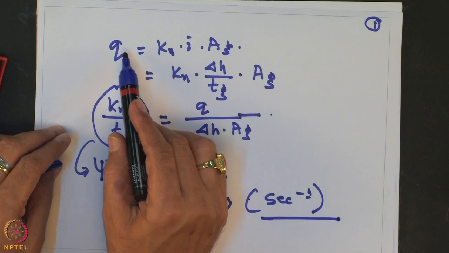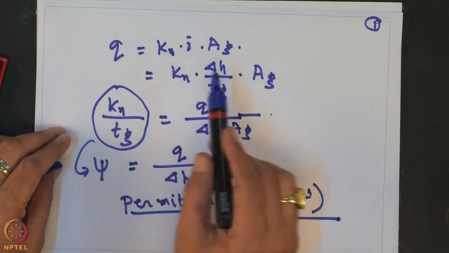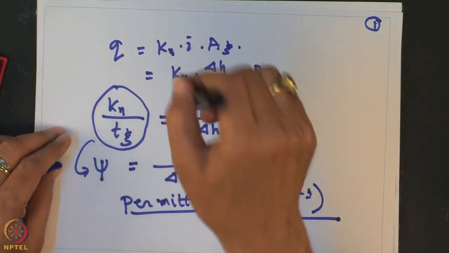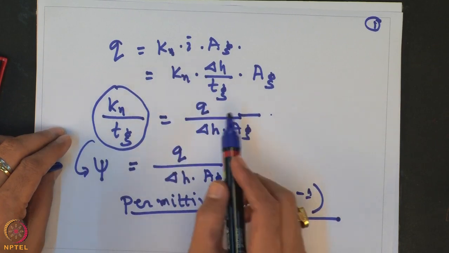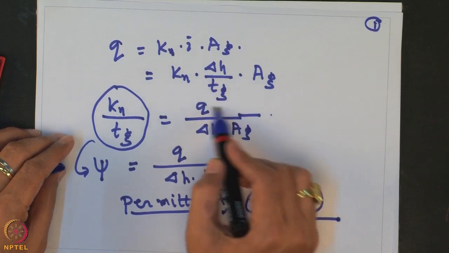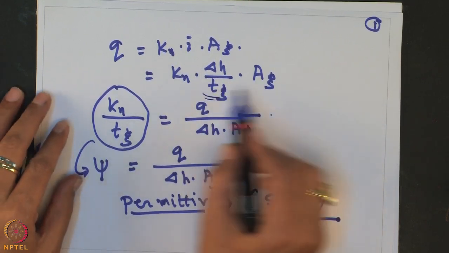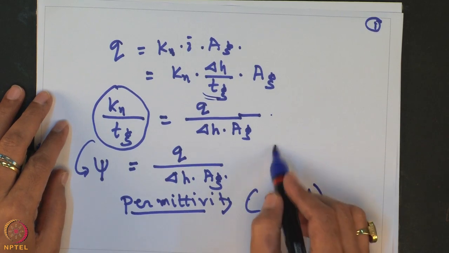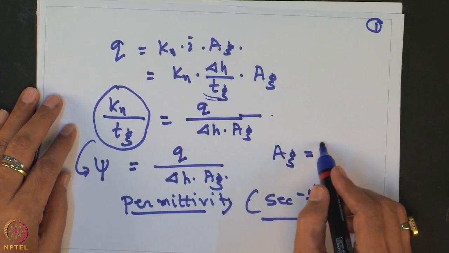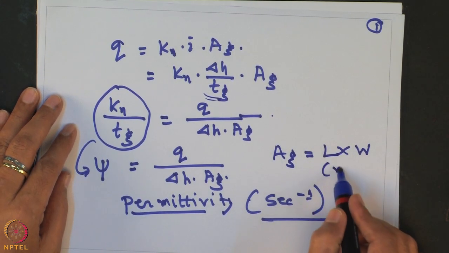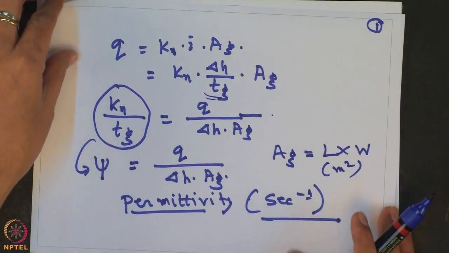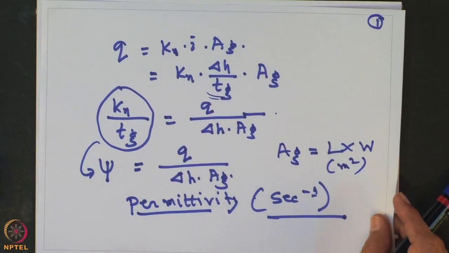Q is the flow rate in cubic meters per second, k_n is the hydraulic conductivity normal to the geosynthetic in meters per second, Δh is the head loss, t_g is the thickness of the geosynthetic material, and A_g is the area of the geosynthetic material, which is length times width, in square meters.